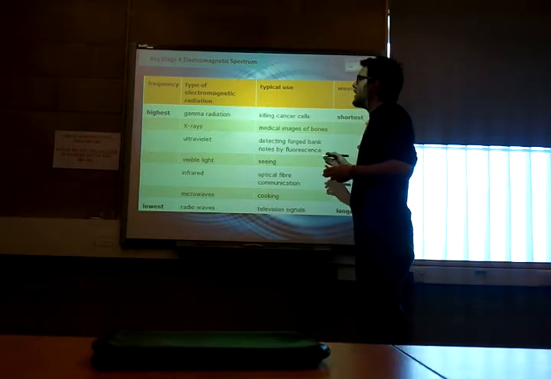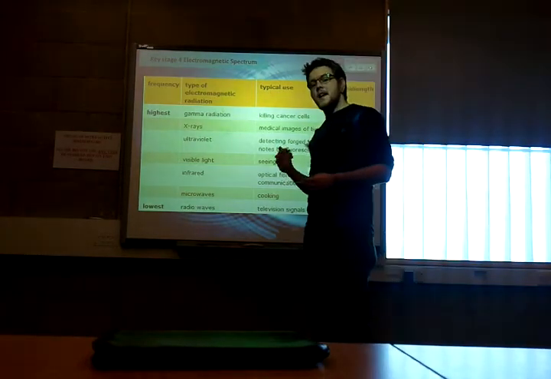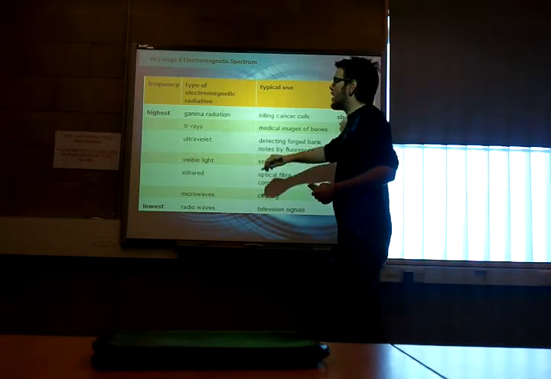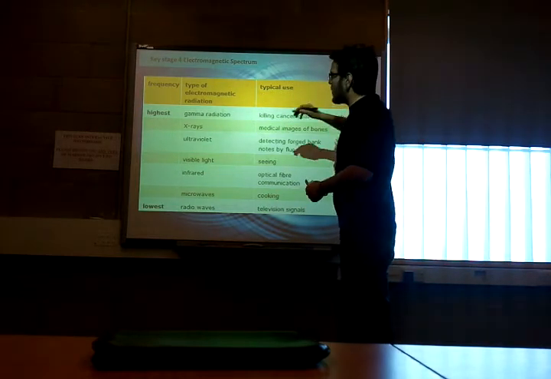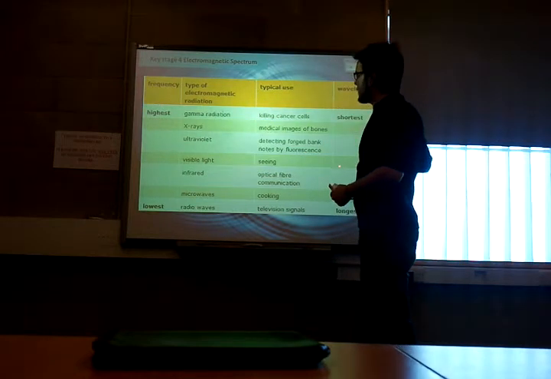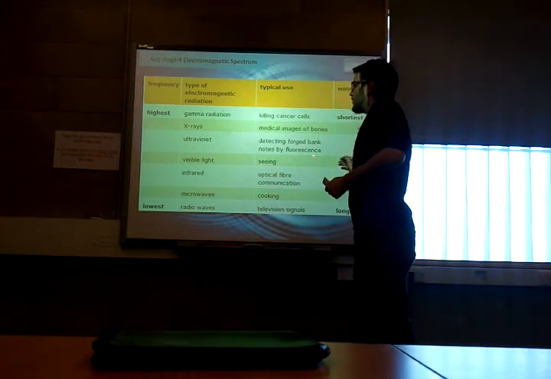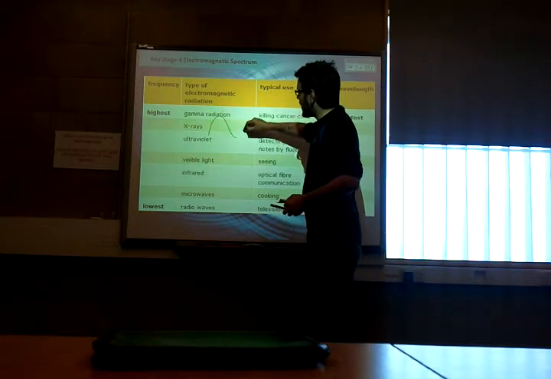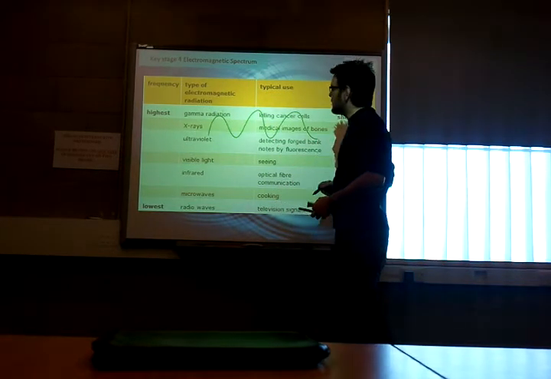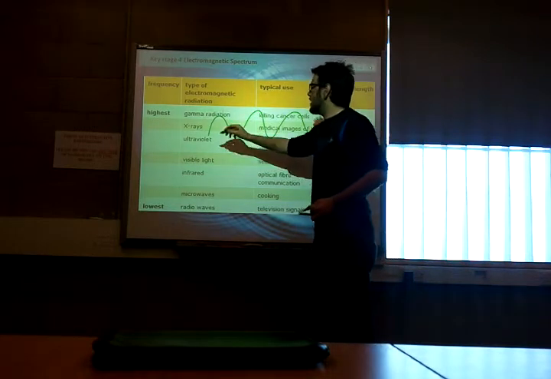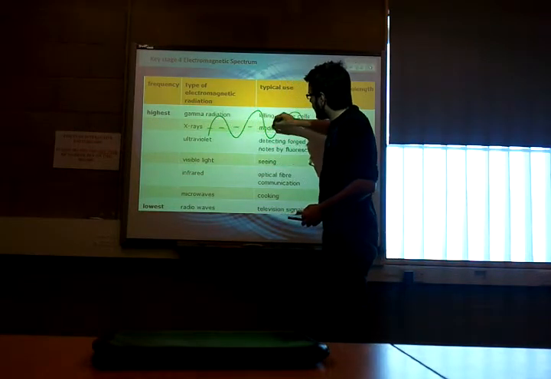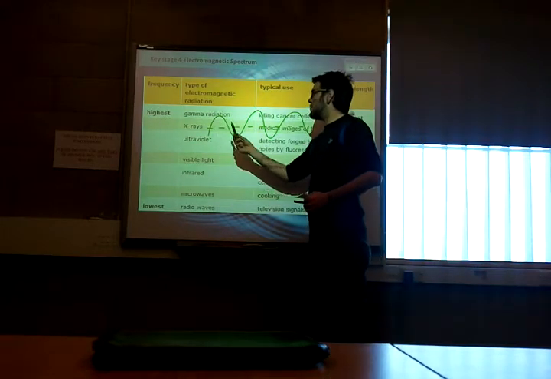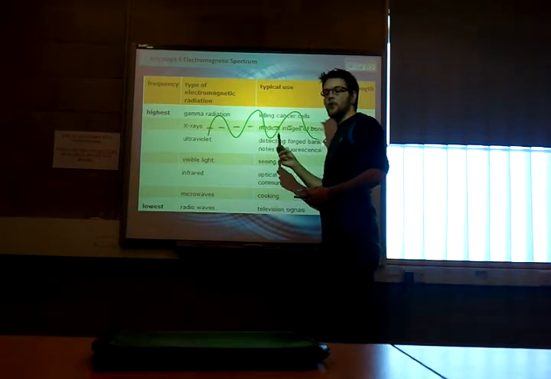All the electromagnetic spectrum doesn't need a medium to travel through, because it's a transverse wave. If we imagine our transverse wave going like this, you also need to imagine that along this centre line there's another transverse wave that, if I was to draw it, would be coming in and out of the board.